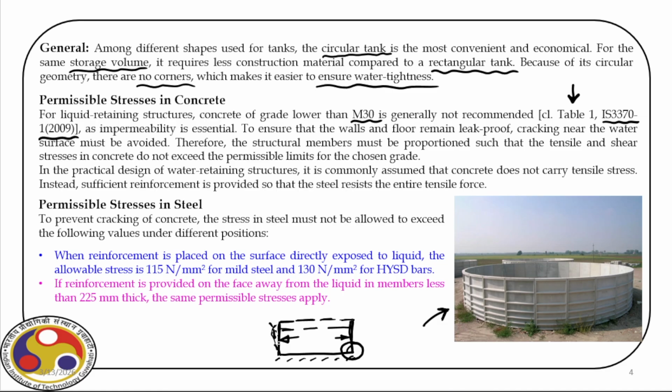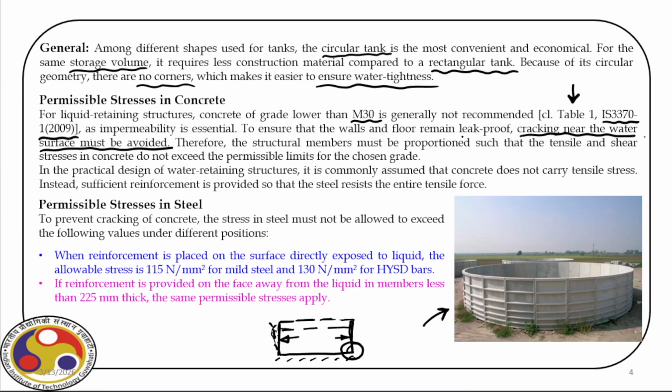In any case, it will develop tension in concrete. And cracking near the water surface is not at all recommended for liquid storage tank, because the moment concrete starts cracking, water will seep in and it will start corroding the rebars. So in our entire design, we will ensure that there is no cracking.